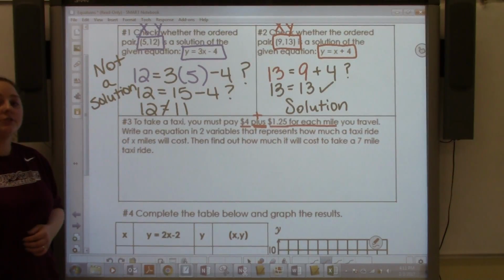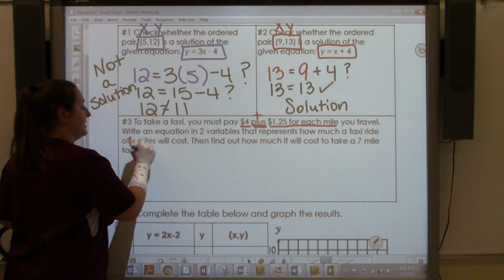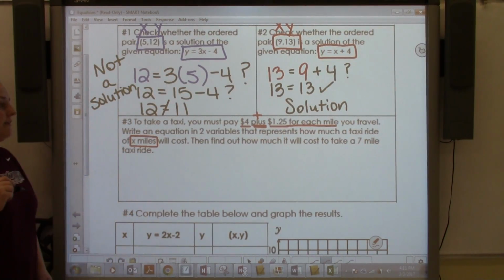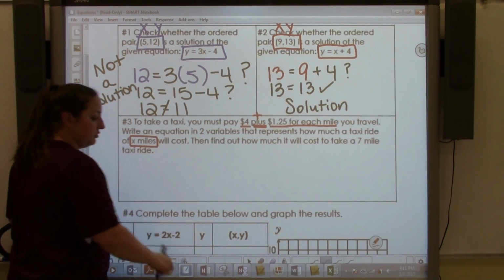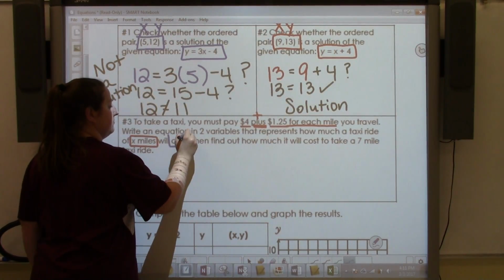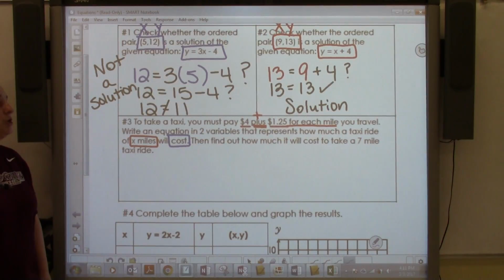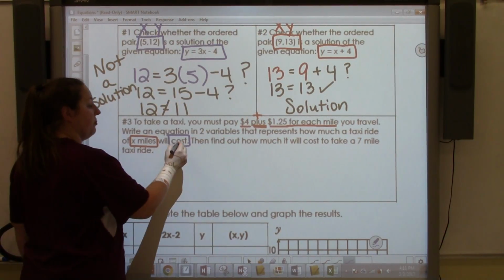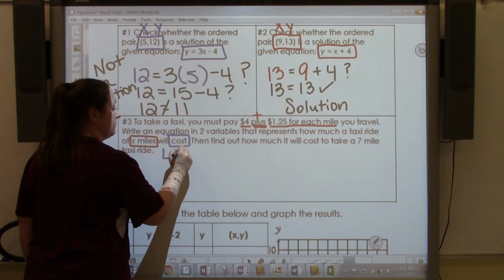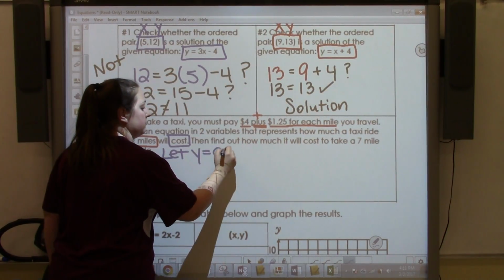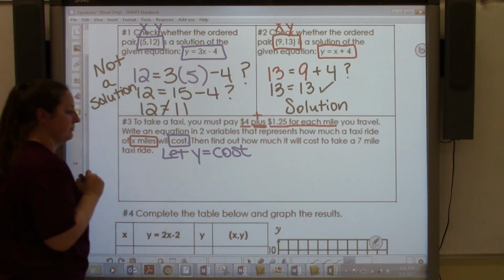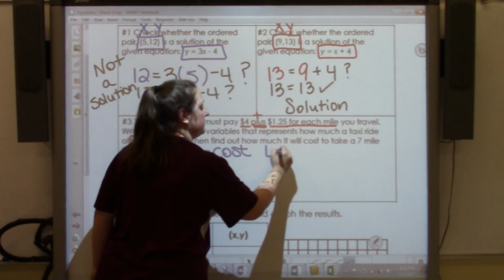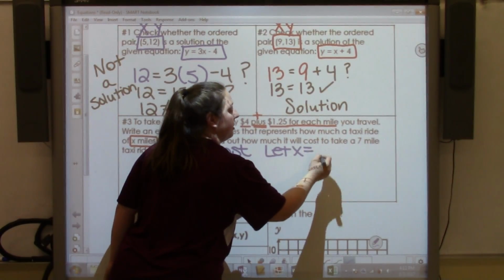All right, we're also told that x is going to represent the miles, and we want to find out how much it will cost. So, we already have an x, we're going to let y equal the cost. And we're going to let x equal our miles.